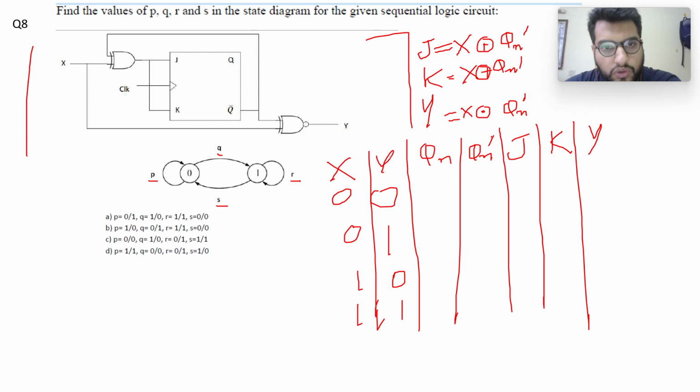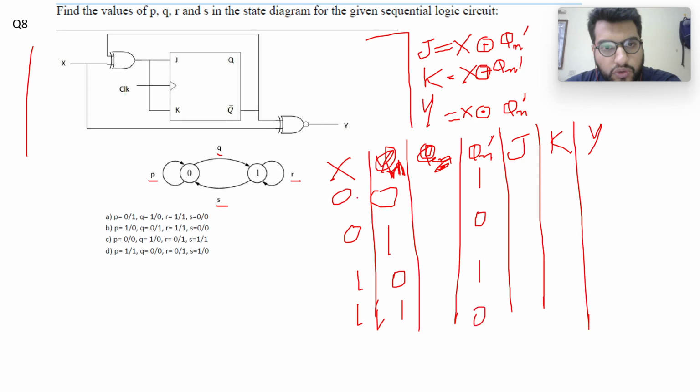Sorry, this was Qn. Let's ignore this column. This was Qn. So 0 0 1 1. Let's write the Qn complement first: 1 0 1 0.